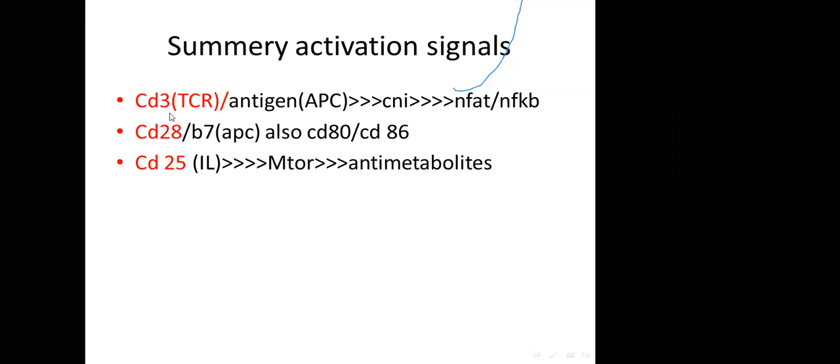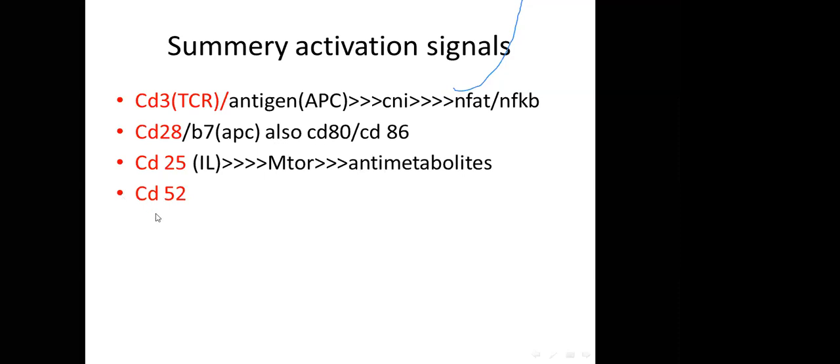So we have CD3, CD28, CD25. It's simple to remember. And you have the connection between CD28 and B7. To make sure to remember, B for B: B7 is present on the antigen presenting cell. Okay? These are the three signals.